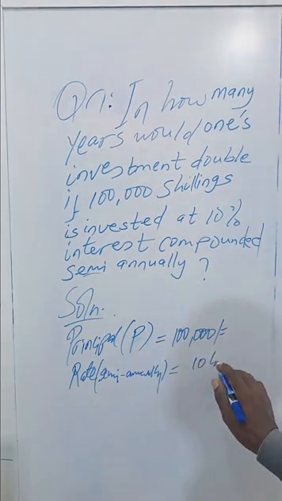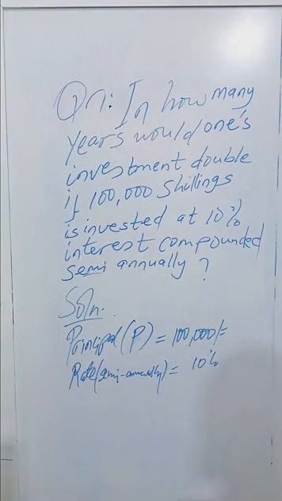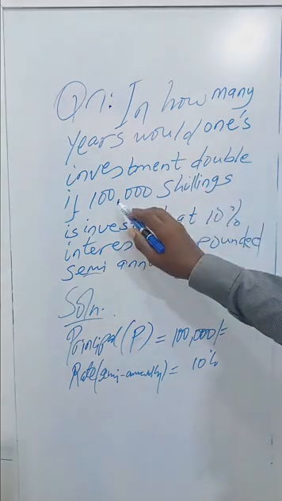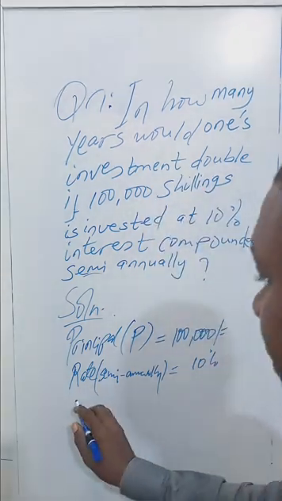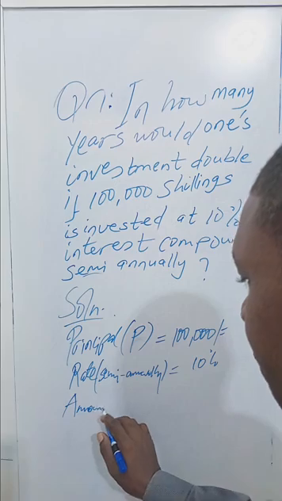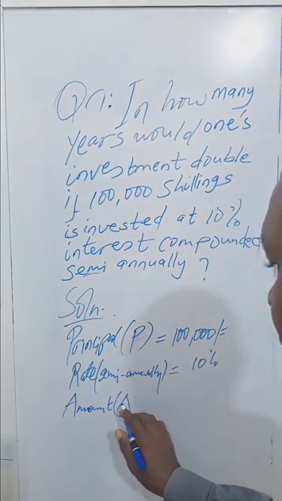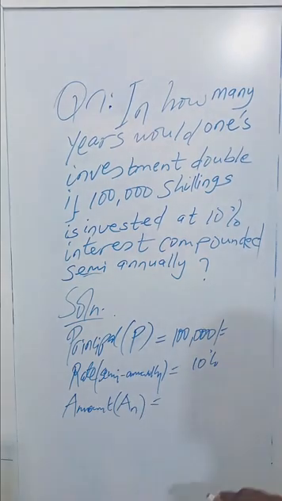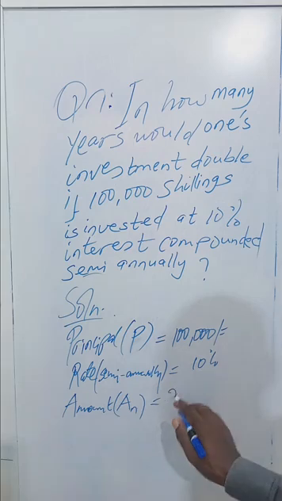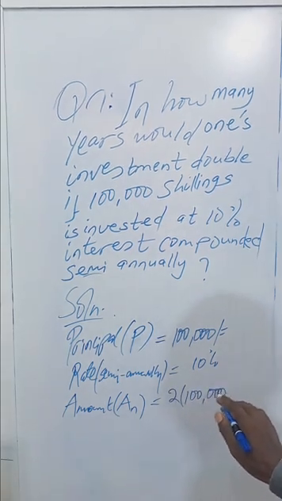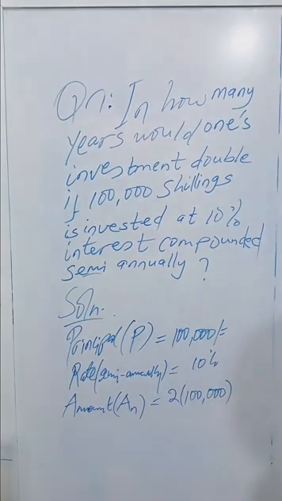Rate is 10%. What else do we have? The investment has to double, so we are talking of the amount. We normally symbolize it as AN. To double means twice. Okay, that's the only information we have.